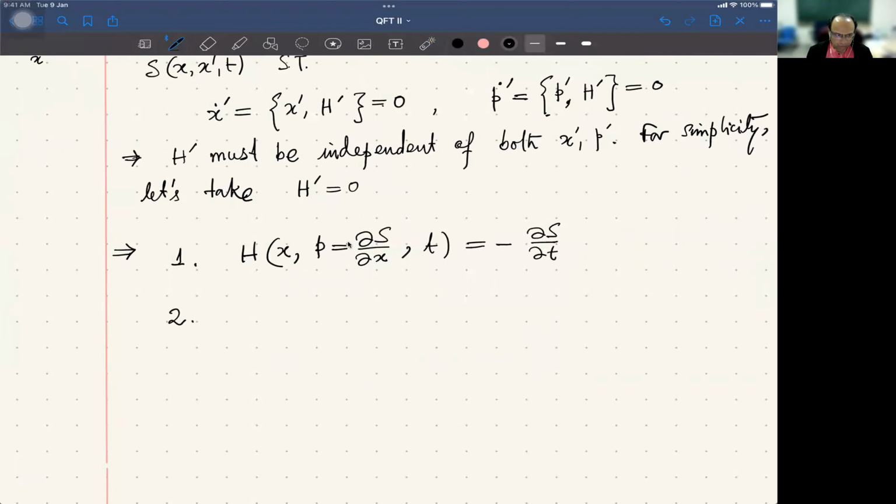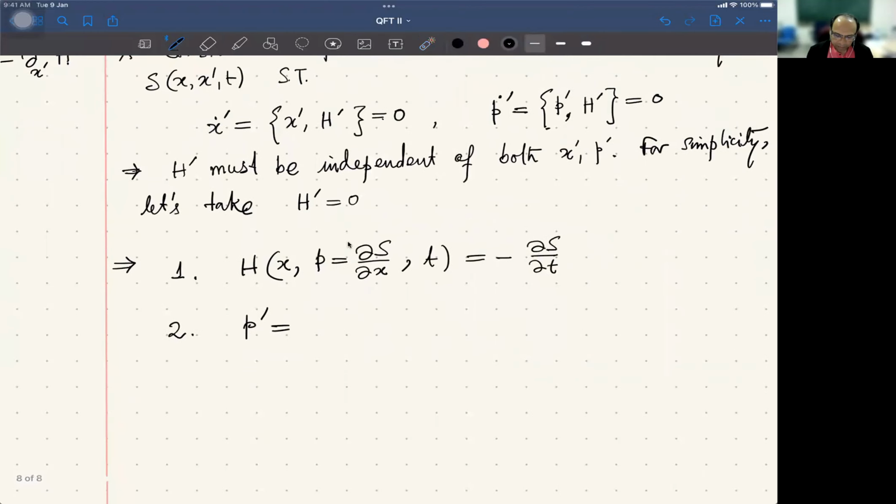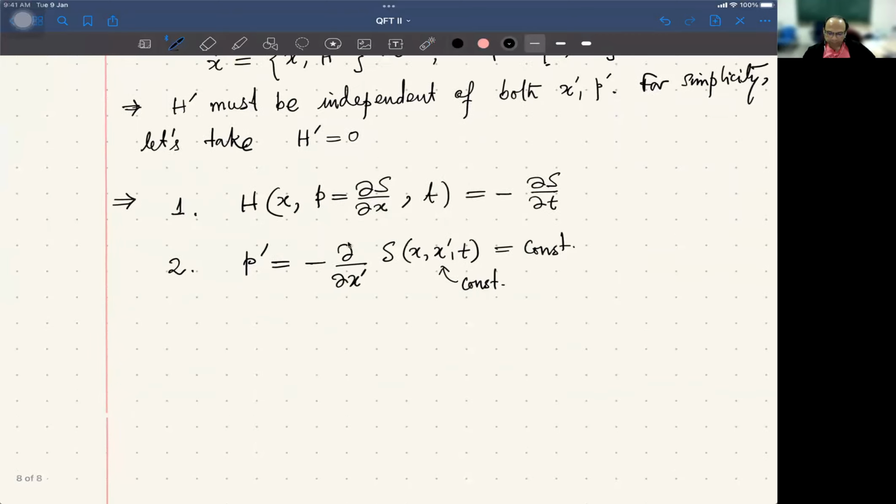Then number two, p prime, which is given by this equation, is minus del S del x prime, S being a function of x, x prime and t, and this must be a constant. Here x prime is also a constant. Constant means the equation of motion says that it is independent of time, doesn't evolve.